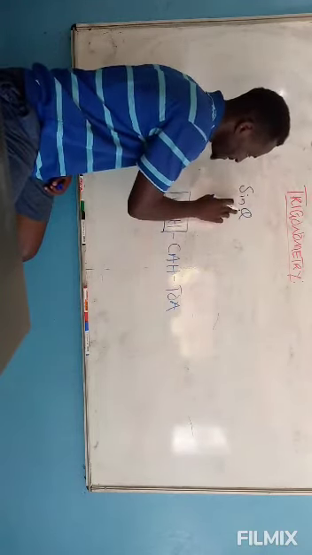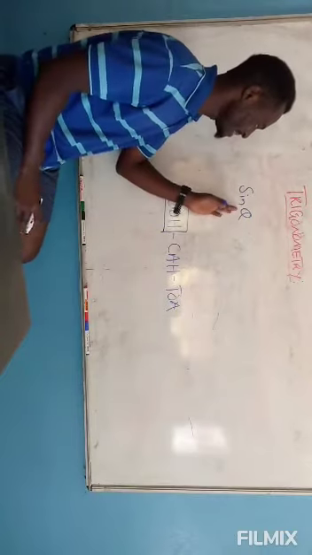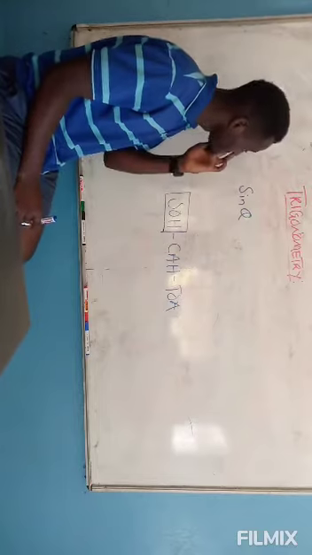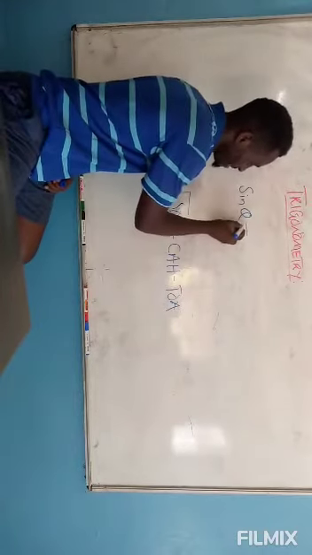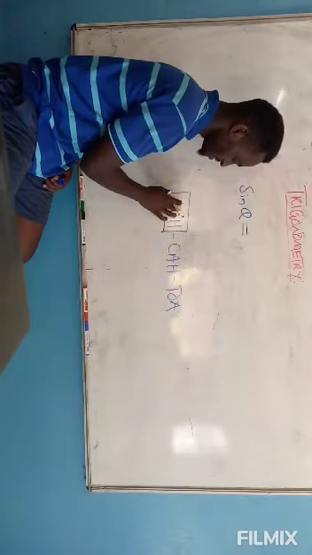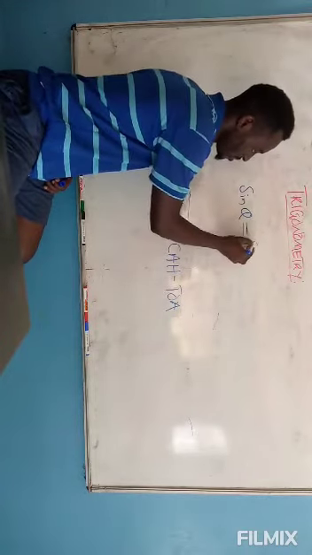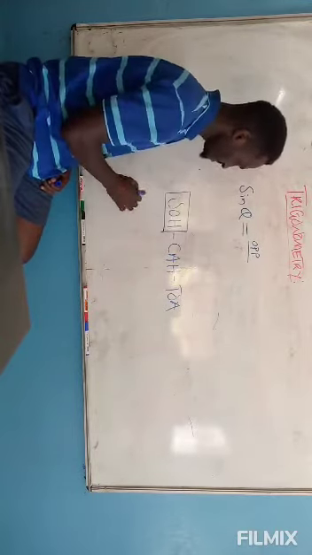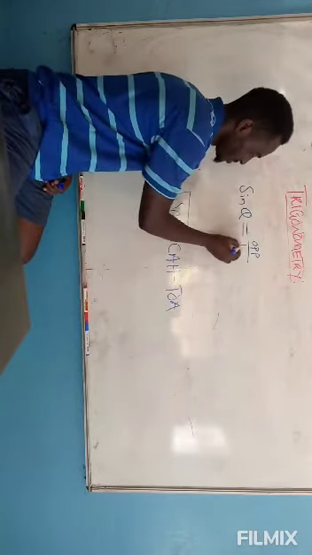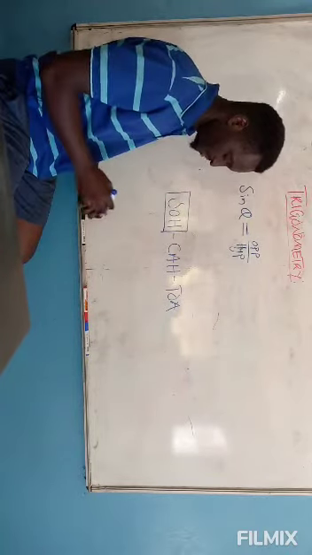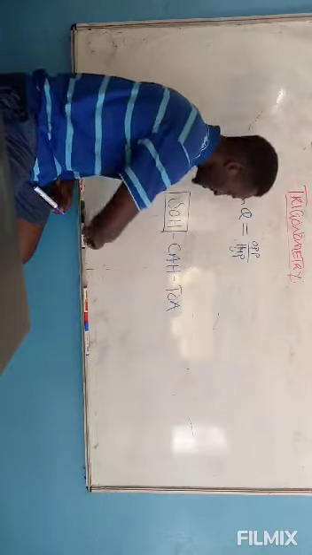The theta here is representing the angle given. It will be equal to the ratio: I'll get the first letter, which is O, representing opposite, over H, which is the hypotenuse.